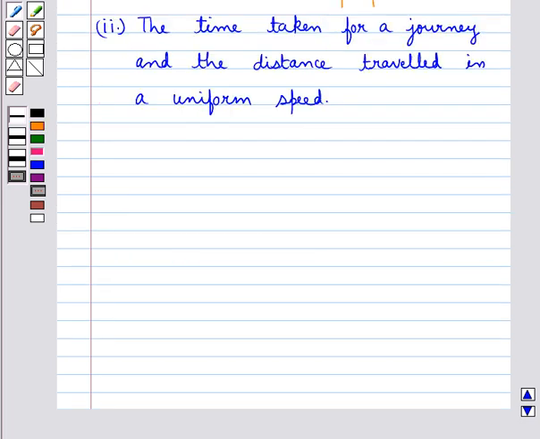The second statement is the time taken for a journey and the distance travelled in a uniform speed. The two quantities here are the time and the distance travelled. So if the distance is more, the time taken to cover that distance will also be more. Thus we say, more the distance, more will be the time taken.